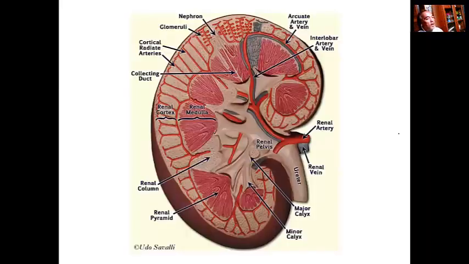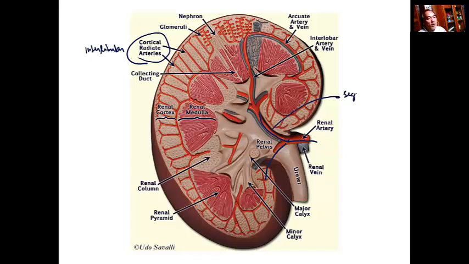Now this one is going to name the cortical radiate arteries as we identified them. Instead of naming it interlobular, they use the name that we use, cortical radiate. So let's follow again the renal artery. The renal artery divides into segmentals.